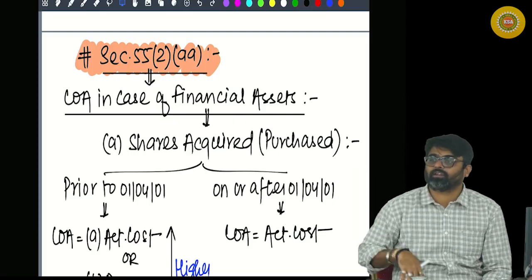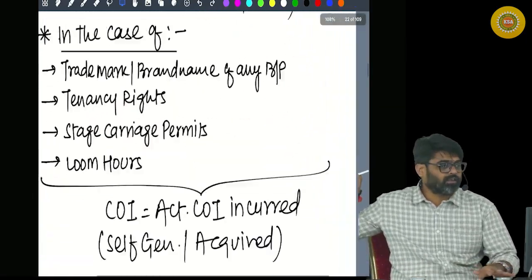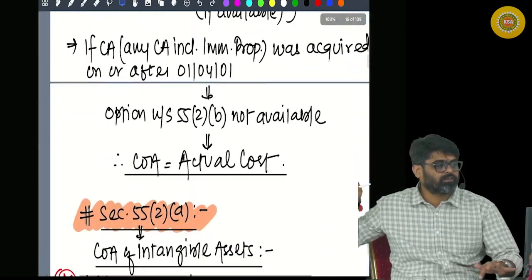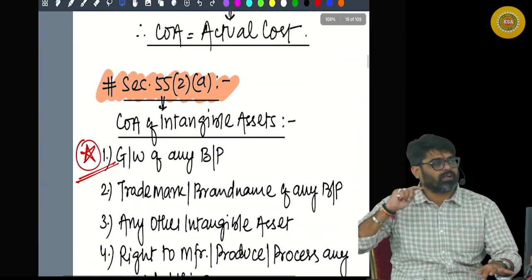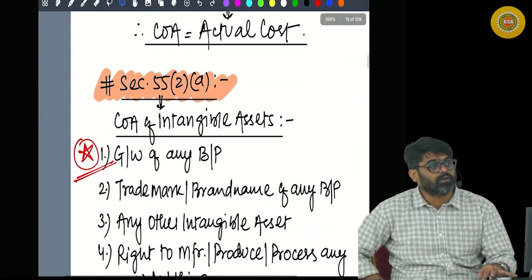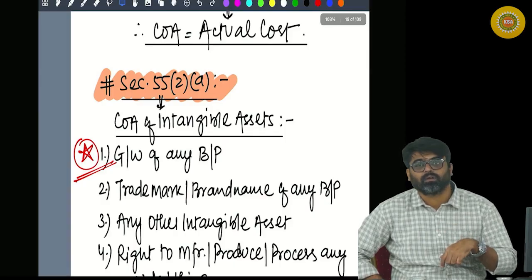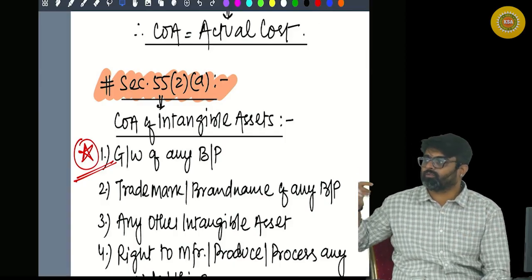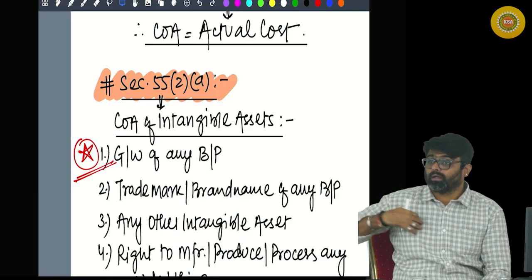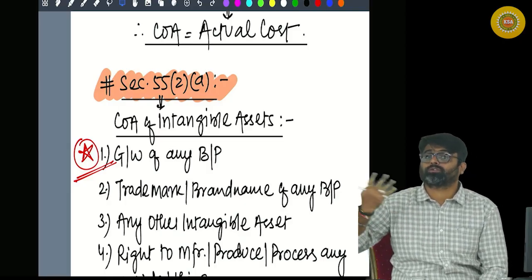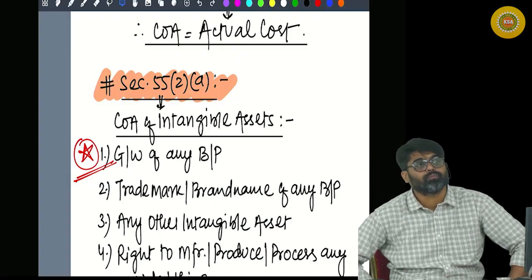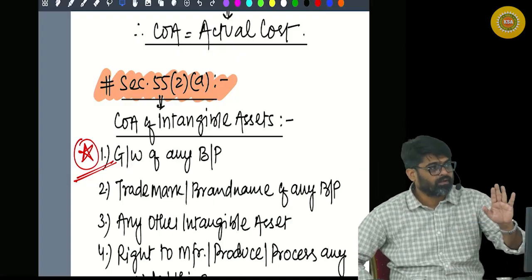So if these 55(2)(a) assets were self-generated by the previous owner, what was the cost to previous owner? Nil, deemed to be the cost in the hands of the assessee. If these assets were acquired by the previous owner, what was the cost to previous owner? Actual cost will be deemed to be the cost in the hands of the assessee. Yes or no?